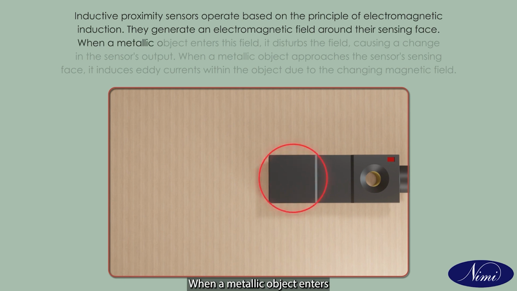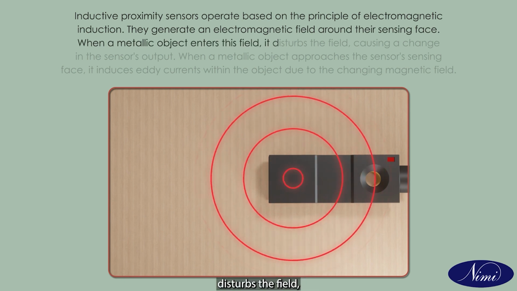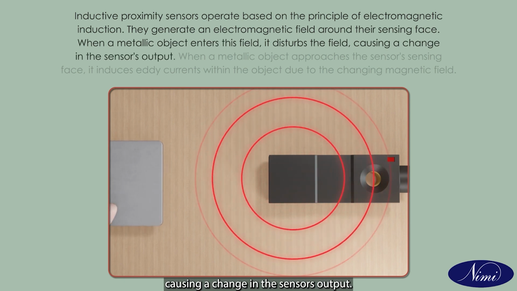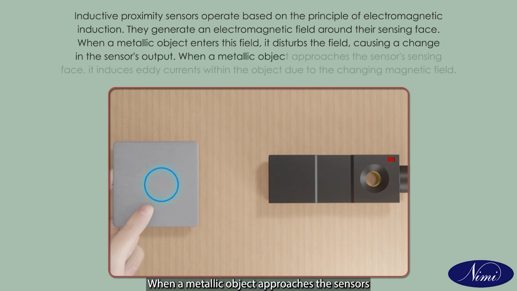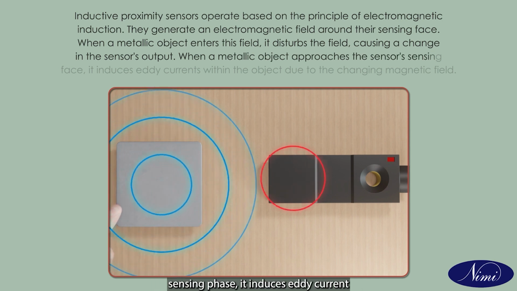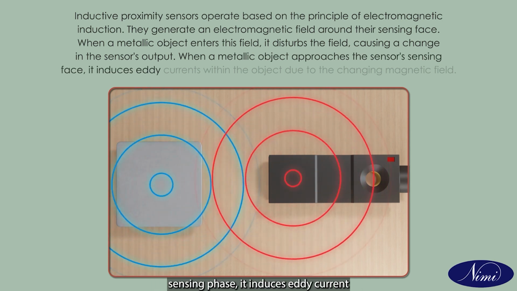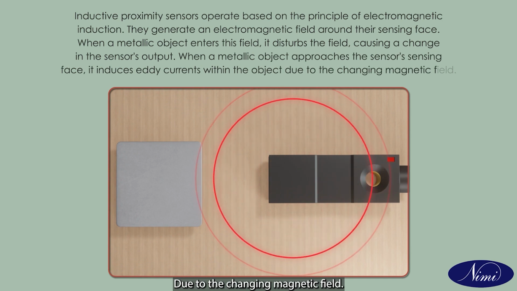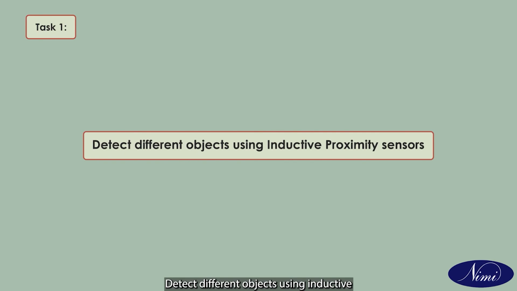When a metallic object enters this field, it disturbs the field, causing a change in the sensor's output. When a metallic object approaches the sensor's sensing face, it induces eddy currents within the object due to the changing magnetic field.